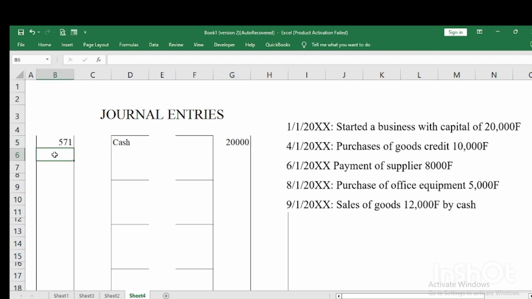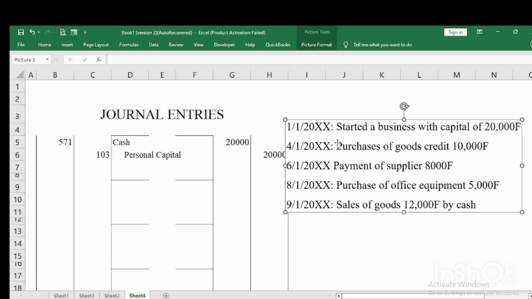And then to the credit of 103, I think, which is personal capital, amount 20K. Alright, so this is the first transaction.